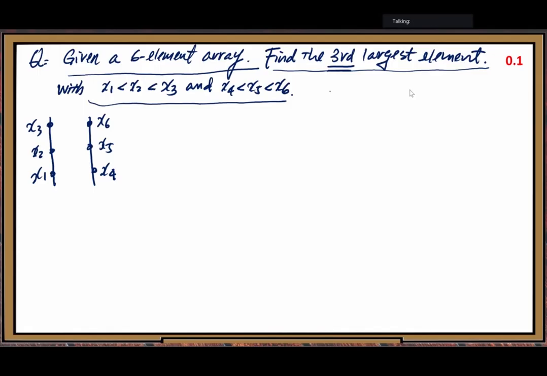So we run the merge operation, but in a partial way. We do not need to complete the whole merge operation. As soon as we get the third largest, we stop immediately.